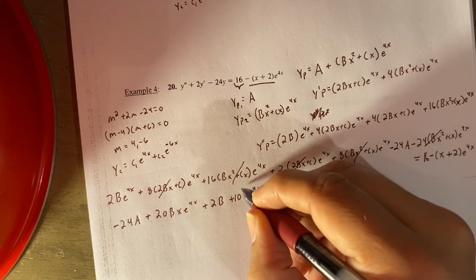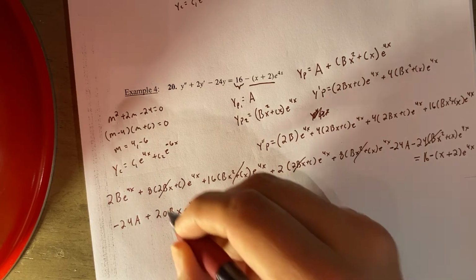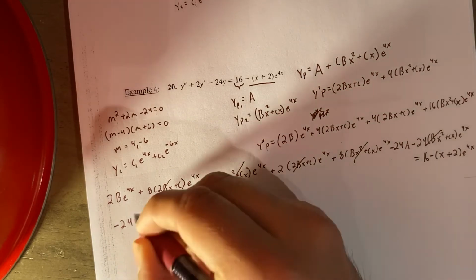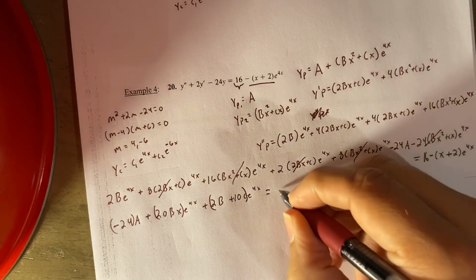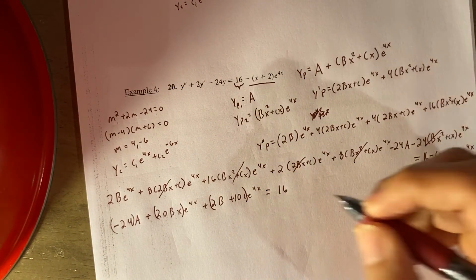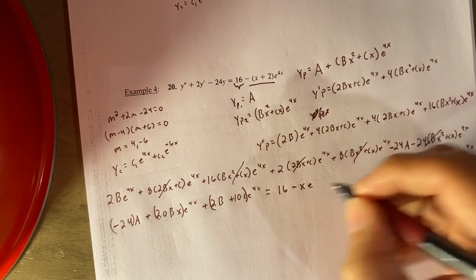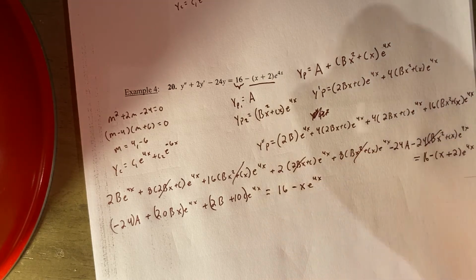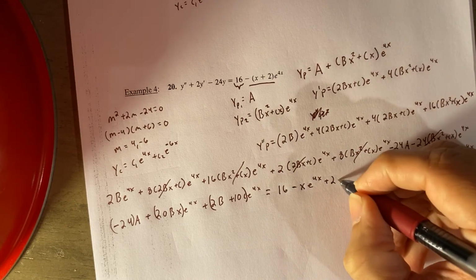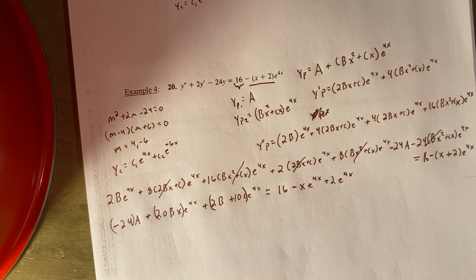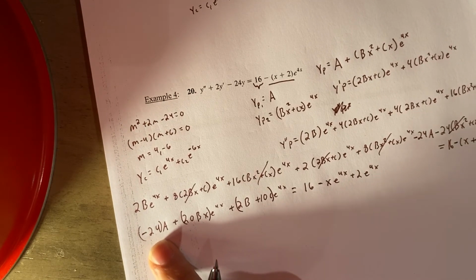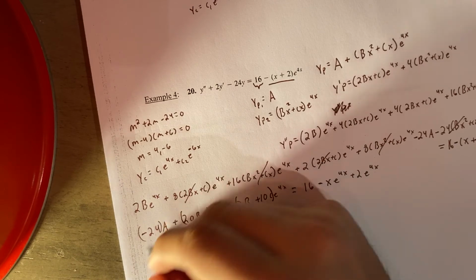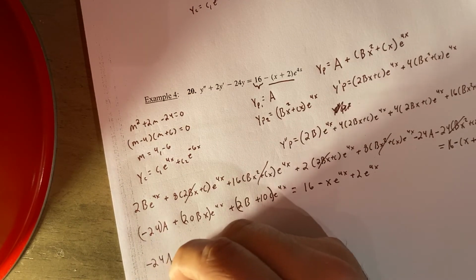So all of these are e to the 4x's. I'm going to put my parentheses there so that you just can see the coefficients. All right, and now this is set equal to 16. I'm going to distribute and get negative x e to the 4x plus 2 e to the 4x. And now I'm going to set things equal where I can. So now this negative 24a, that's just the constant.